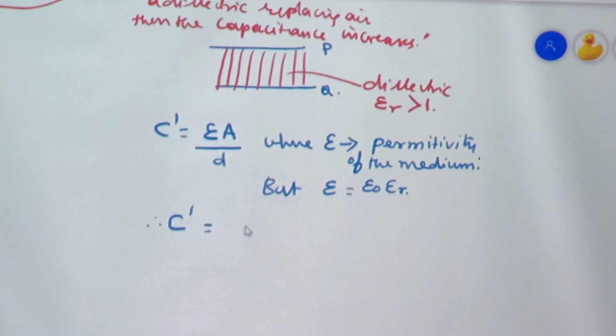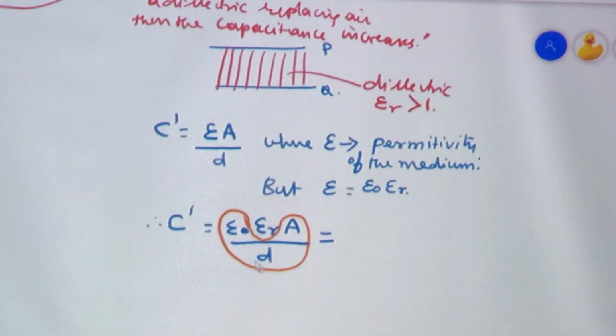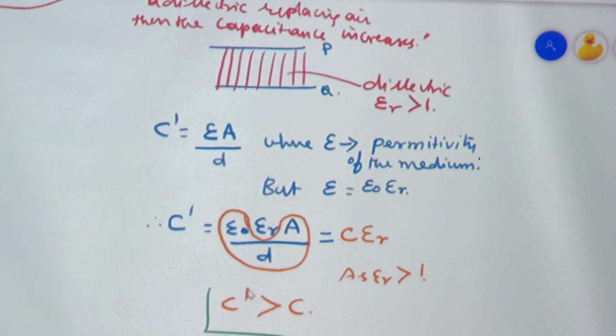C dash will be equal to epsilon 0 into epsilon r into A divided by D, which can be written as epsilon 0 into A divided by D, the value we have written as C, the capacitance of the capacitor with air as the medium, multiplied by epsilon r. As epsilon r is greater than 1, C dash is greater than C. So after introducing the dielectric, the capacitance of the capacitor increases.